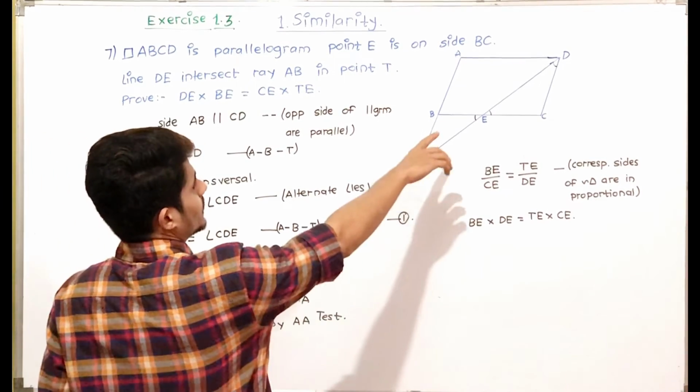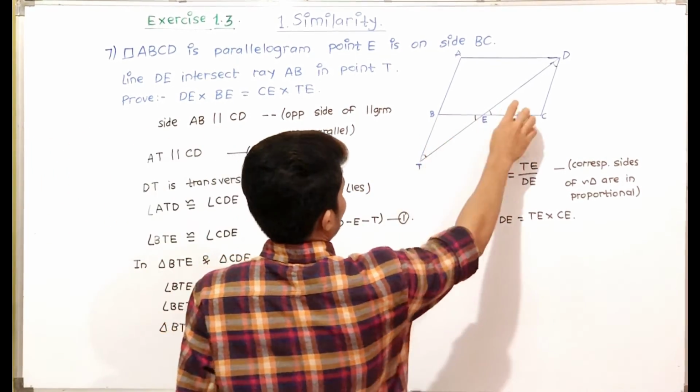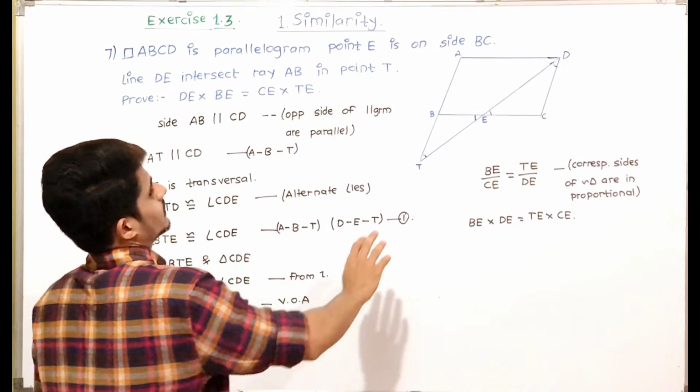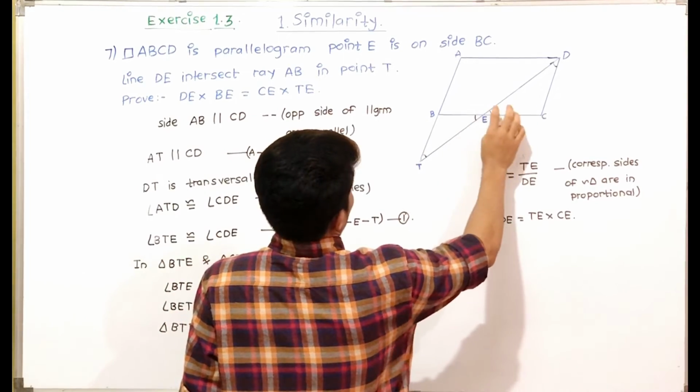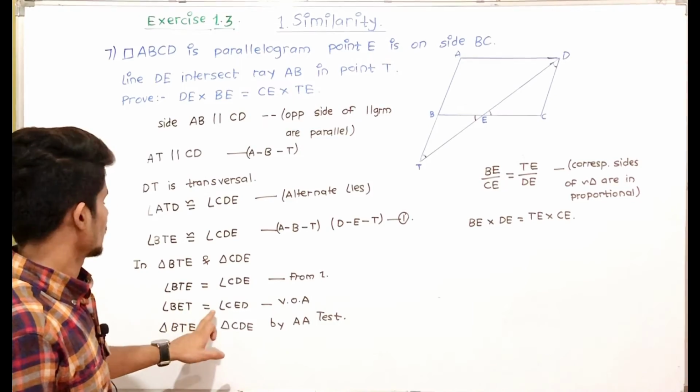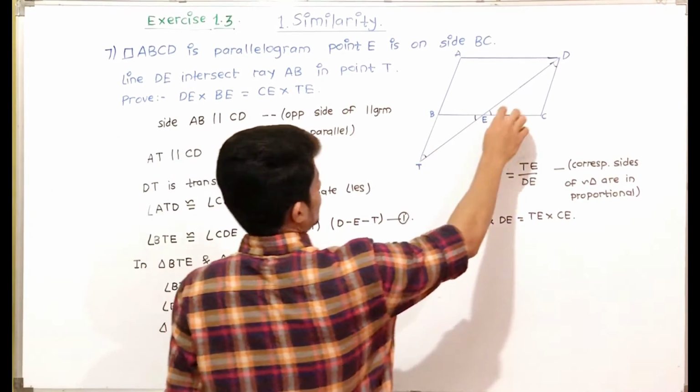We have one pair of angles equal, the alternate angles, and then vertically opposite angles, angle BET equal to angle CED.